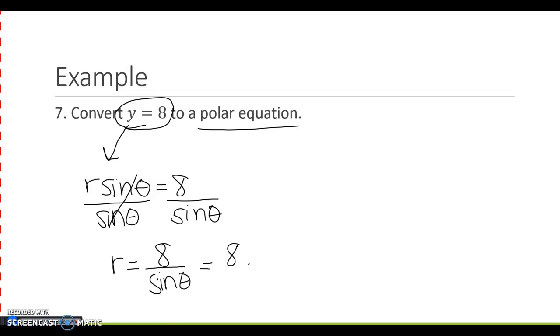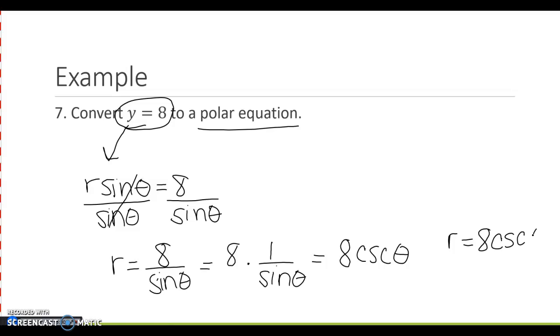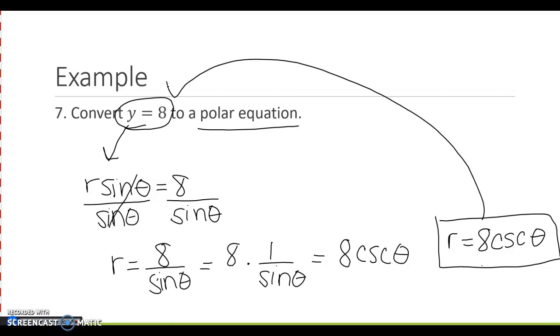That's the same as 8 times 1 over sine of theta, which would be the same as 8 cosecant theta. So my final equation is r equals 8 cosecant theta. This equation would be a line, and it's the same as this equation, just in a different coordinate system.